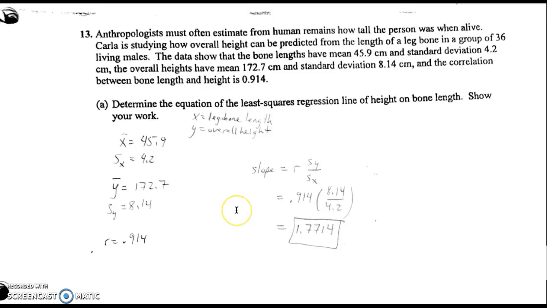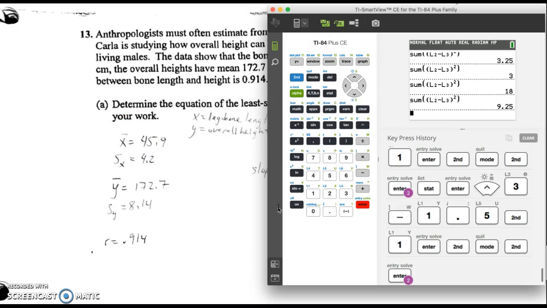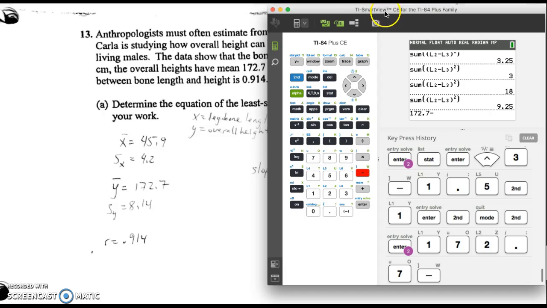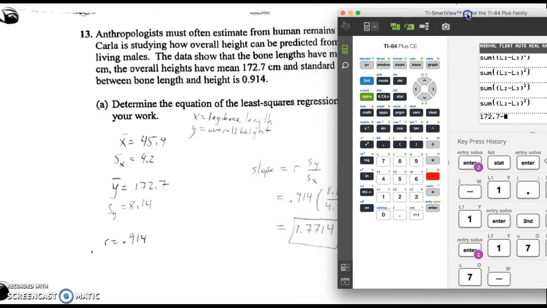The next thing we need to calculate is the y-intercept. And the y-intercept is calculated by doing, we did this on the board in class last time, y bar minus this number b times x bar. So we're going to go over to the calculator and do that because I don't have it written on that paper. So first we need to do y bar, which is 172.7. We are going to be subtracting the b value, which is 1.7714.